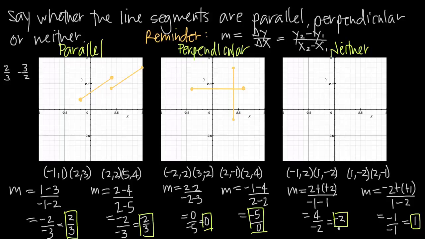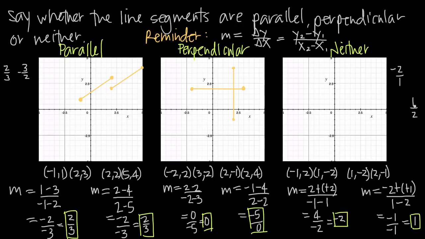So if I look at these values here, -2 and +1, if I want to find the negative reciprocal of -2, first of all, I want to realize that -2 is the same as -2 over 1, right? There's that understood 1 in the denominator. So if I want to find the reciprocal of this, I flip the place of the numerator and denominator, 1 over 2. And I would have to keep this negative sign, but when I want the negative reciprocal, I multiply this by -1, so the negative sign goes away.